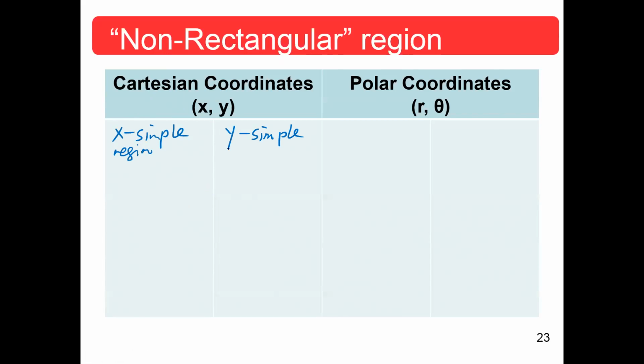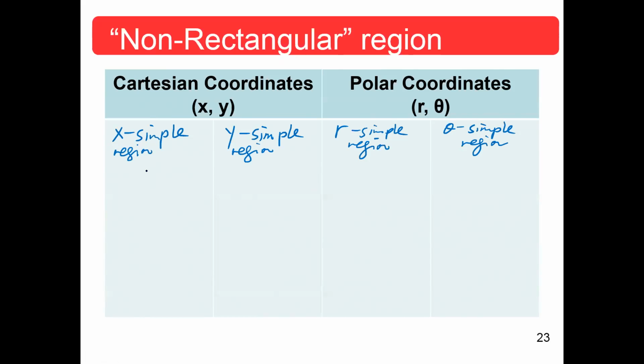So similarly, for the polar coordinates, you would have R simple region and theta simple region. Make sense, folks?